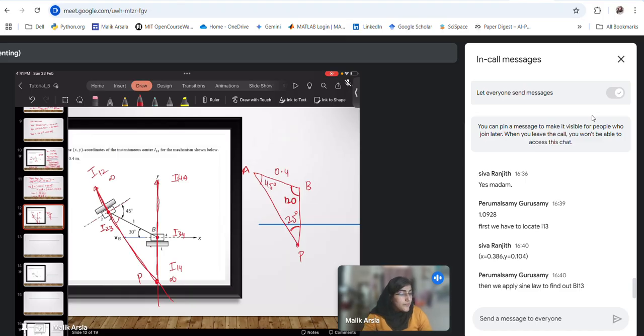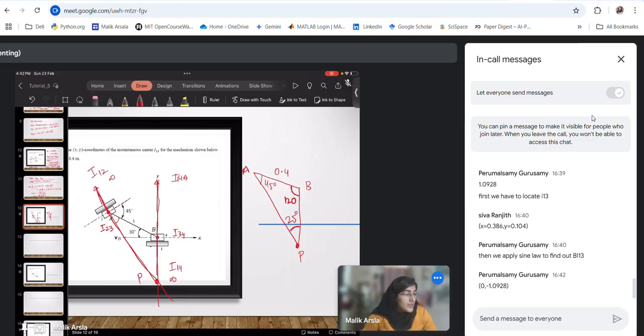So now we have to basically find the length PB, so that then we can break the length PB into its coordinates to find out the x and y coordinate of this point. So PB, now what we can do is we can apply the sine law here.